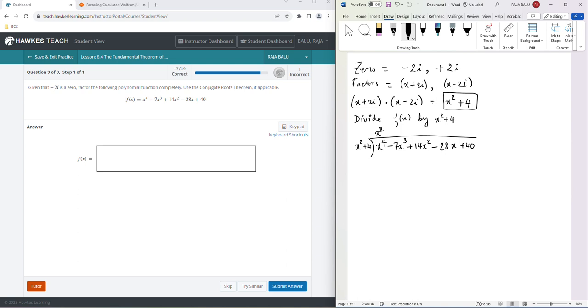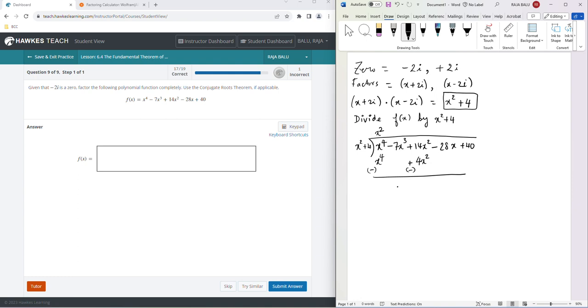So first I multiply x squared by the x squared plus 4 in order to raise the power to x to the 4. And then when I do it with plus 4, it will be 4x squared, but I have to drop it under the x squared term. Minus, you have to subtract the bottom guy.